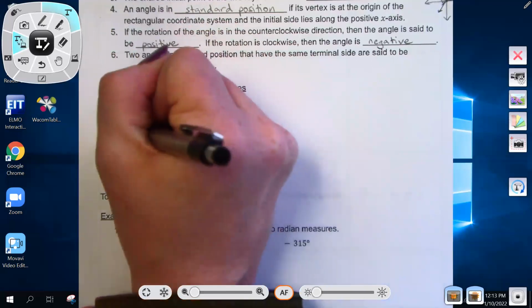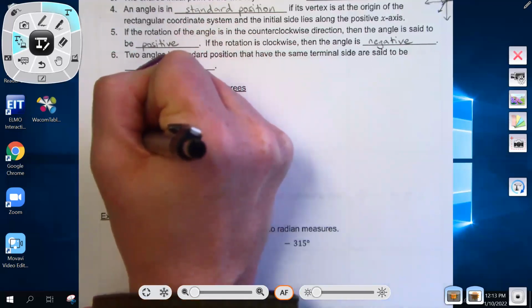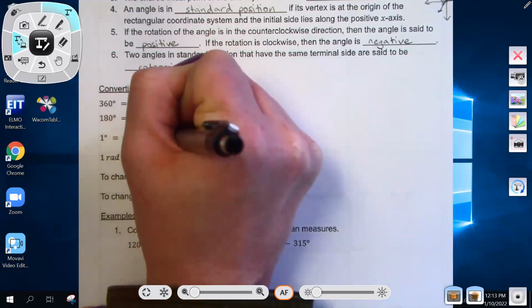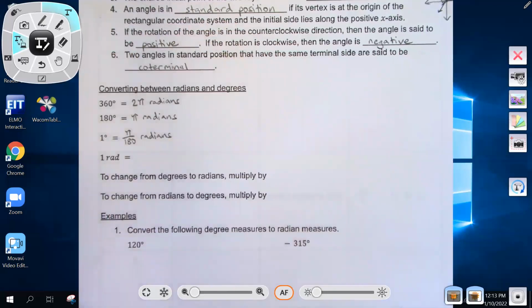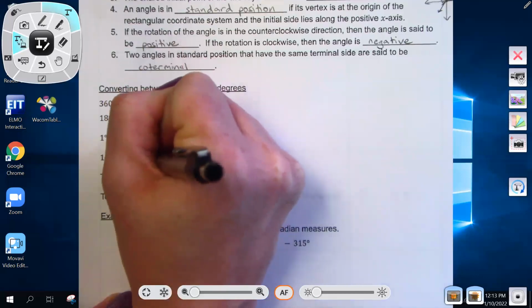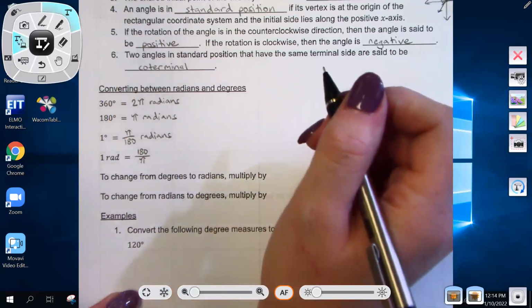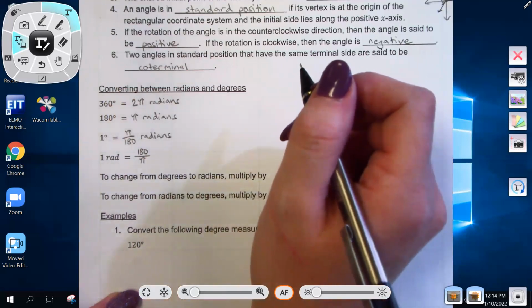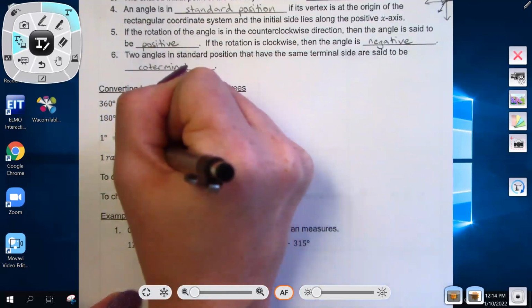One degree is the same as pi over 180. You're gonna get a lot of practice. There's a lot of pi symbols in the unit circle. Okay, 1 radian is 180 over pi degrees.